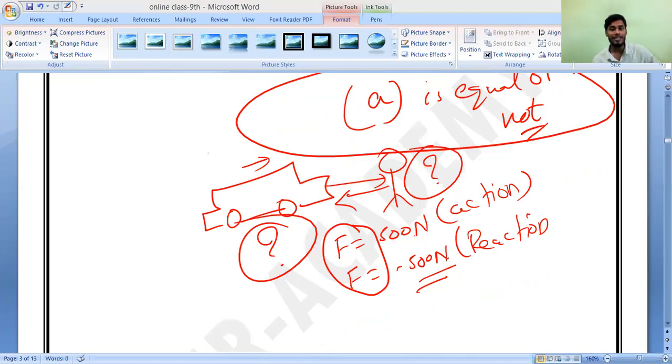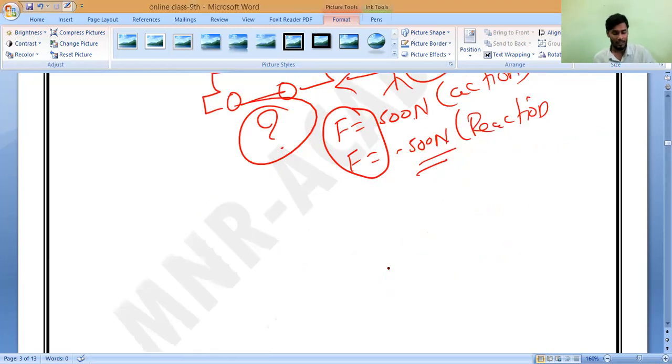Even though the action and reaction are equal in magnitude, the amount of force in reaction and action is the same, but they do not produce equal acceleration in the two bodies on which they act, because the two bodies on which action and reaction forces act usually have different masses. So with different masses, different accelerations will be produced.